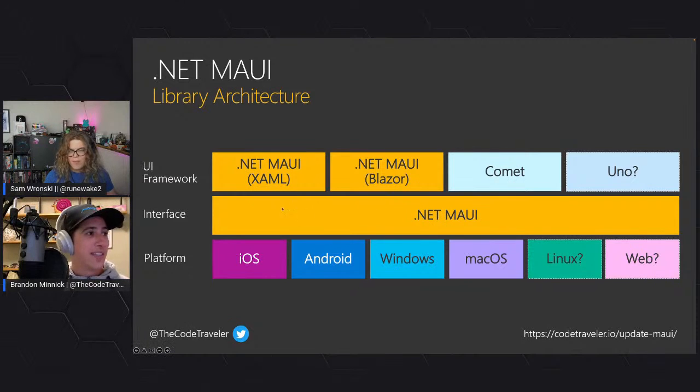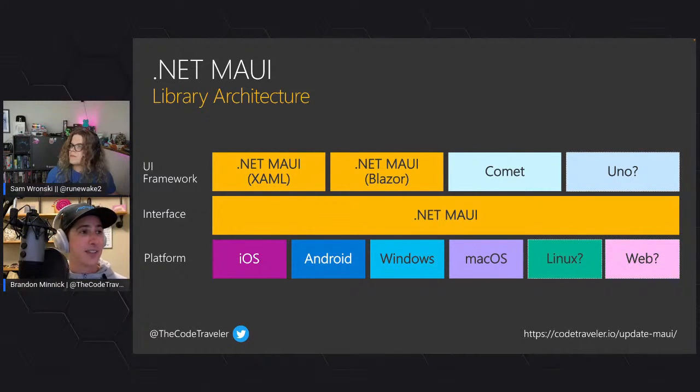And then up here at the top, you'll notice there are these other frameworks. So just like we can essentially plug in a new platform and add, say, Linux or web support, which again don't exist today. That's why I've got the little question marks there, but yeah, could be something we do in the future. On the other side, we can also add different ways of creating our UI frameworks.